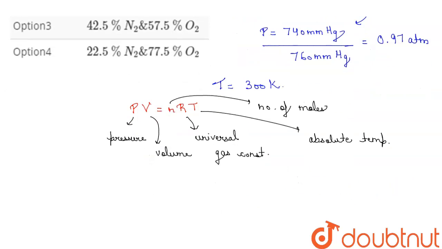Now for 1 mole of gas, the ideal gas equation will be PV equals RT.